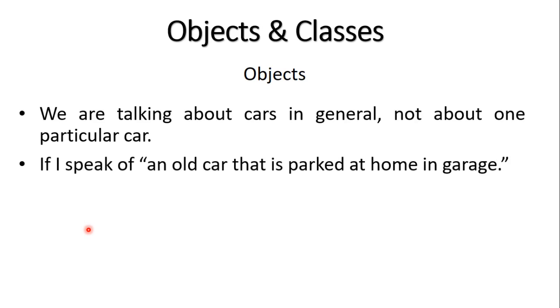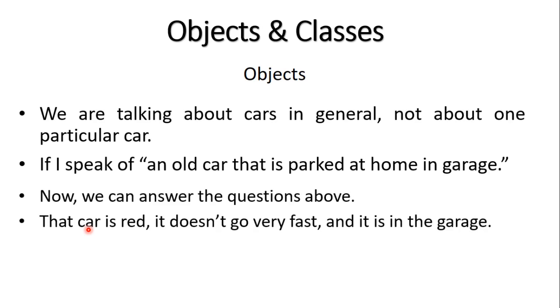So if I speak of an old car that is parked at home in the garage, is this talking about car in general or car in particular? I think it is talking about car in particular, right? That old car that is parked at home in the garage.